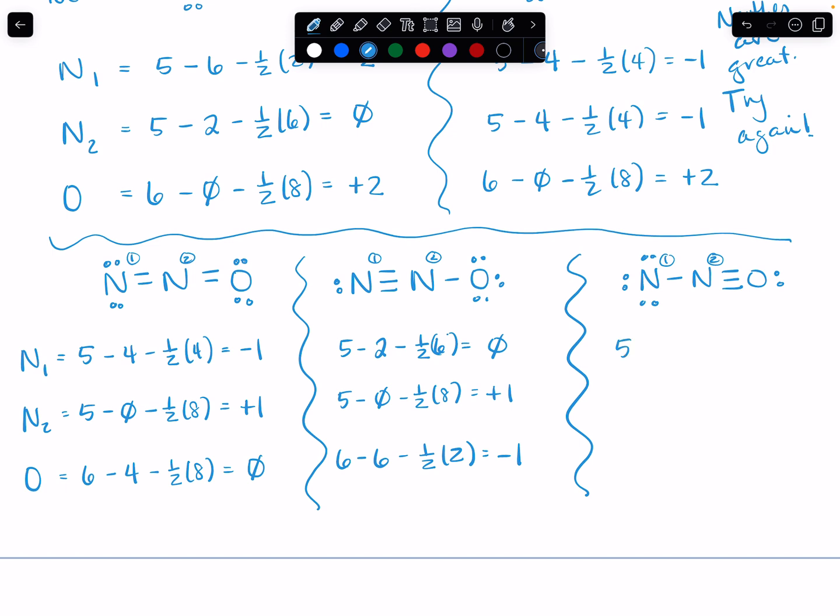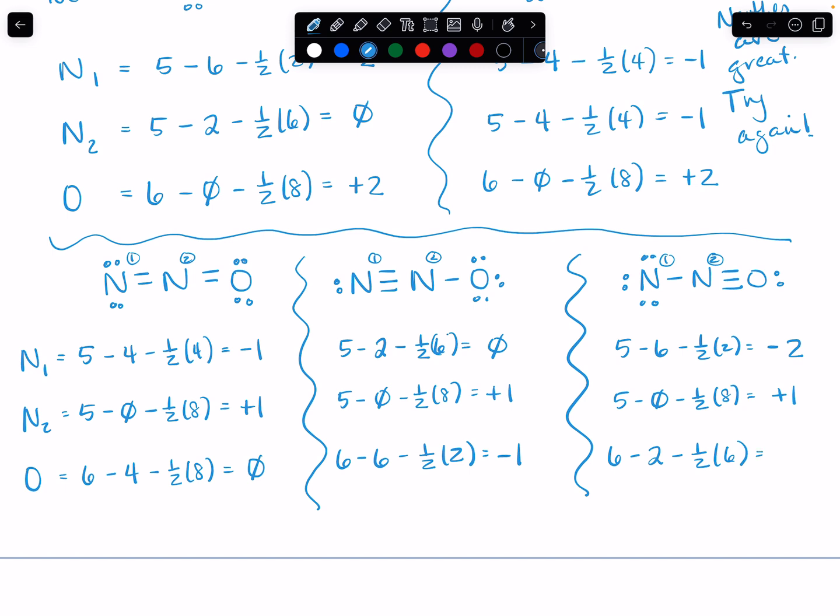So nitrogen, 5 minus 6 valence minus 1/2 of 2. All right, so 5 minus 6, so that's -2. All right, then nitrogen, we've got 5 minus 0 valence minus 1/2 of 8. So this is going to be +1. And then oxygen is going to be 6 minus 2 lone pair electrons minus 1/2 of 6.